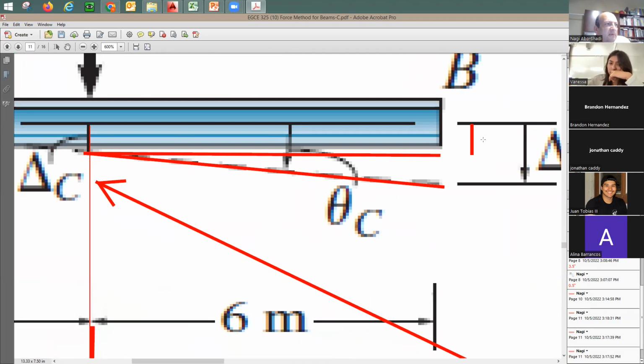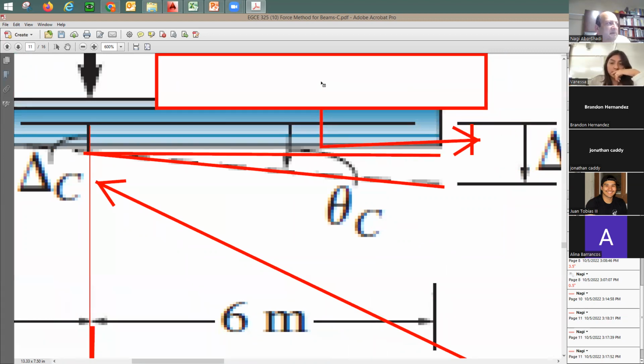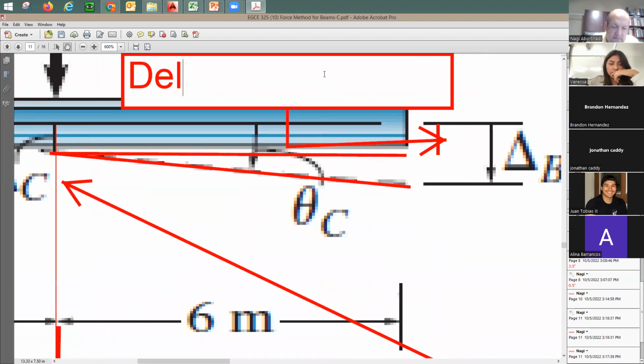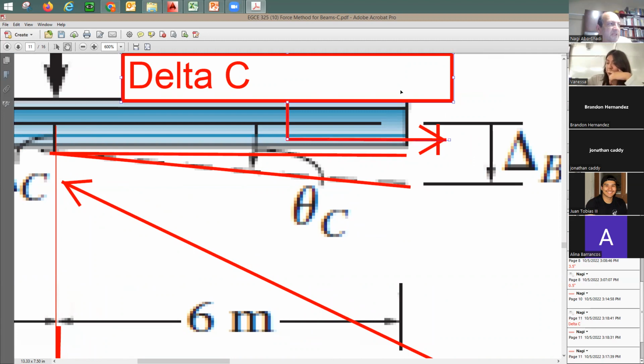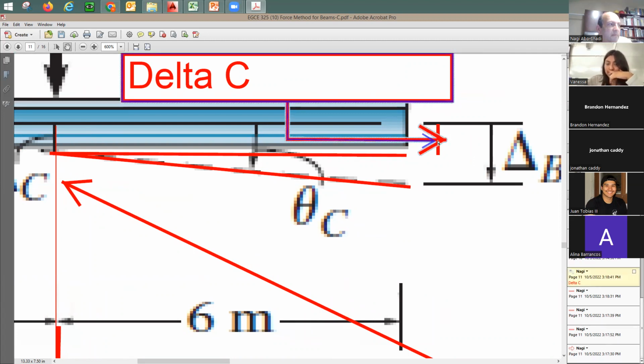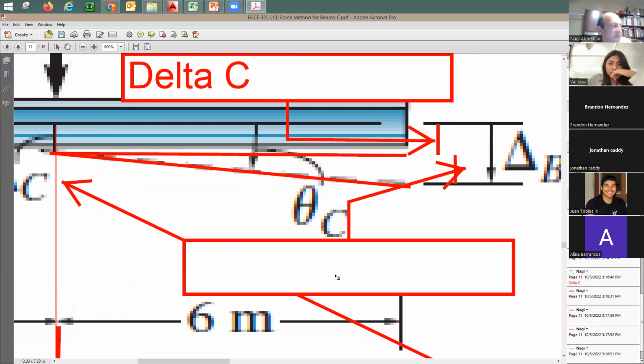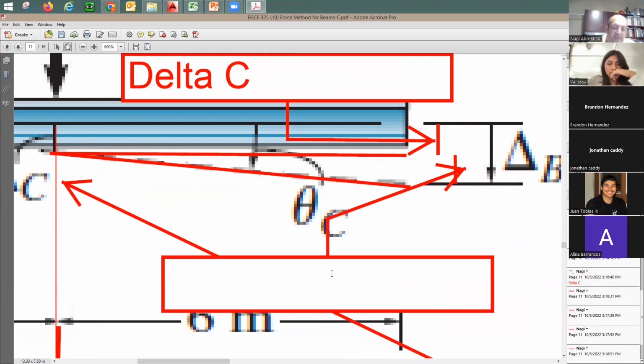I can say this here equals delta C. It's gonna be only from this point to that point, right? Can I have here another component of this delta, which is from here to there, and this one here is equal to the rotation, so it's gonna be equal to theta at C times 6 meters, right?